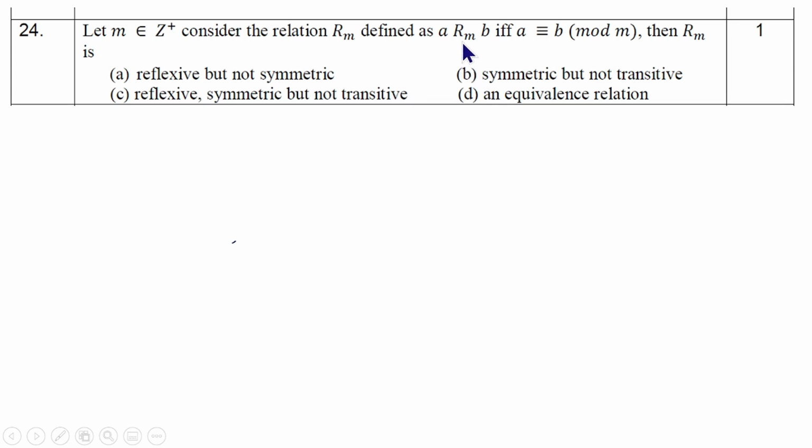Now we will get this relation Rm as reflexive, symmetric and transitive. Any relation which is reflexive, symmetric and transitive is an equivalence relation. So let us prove this.